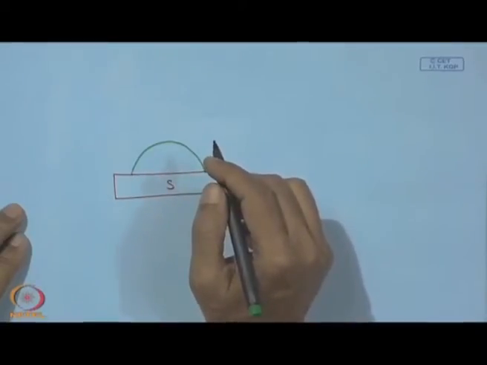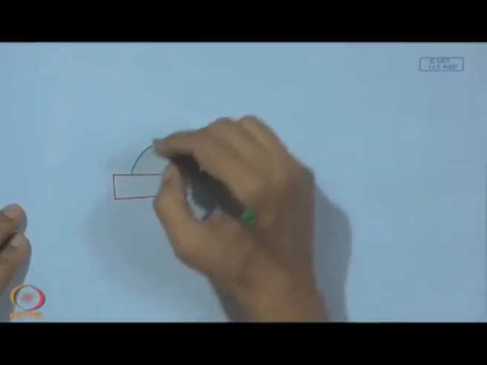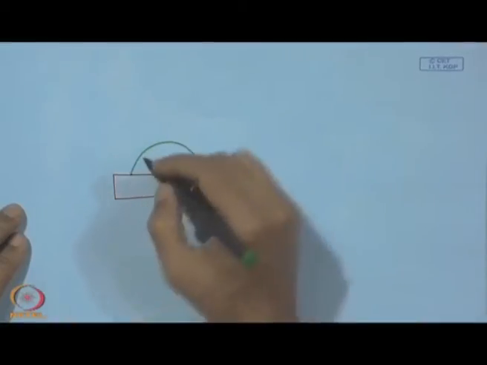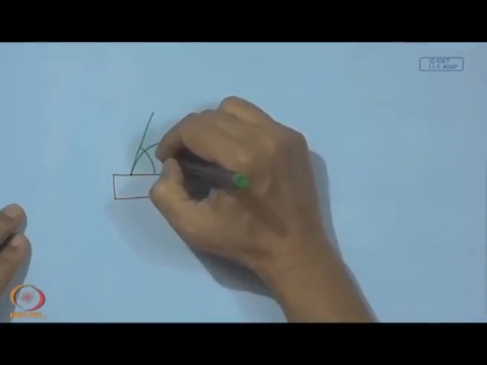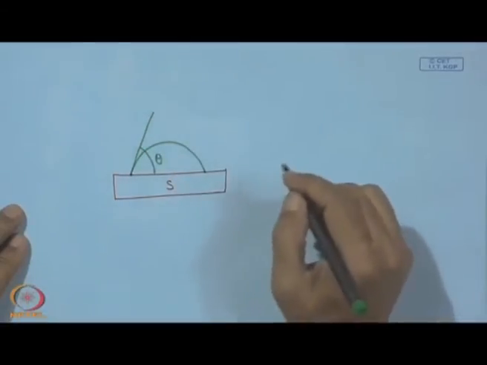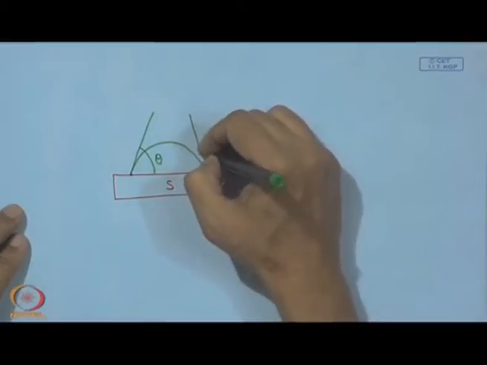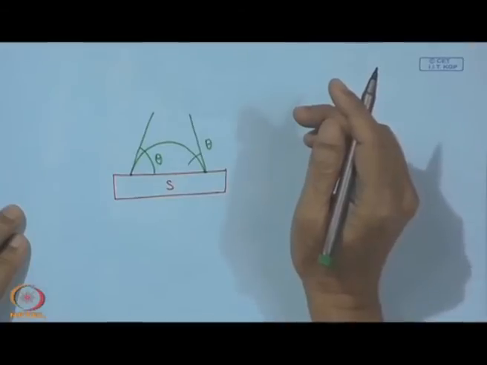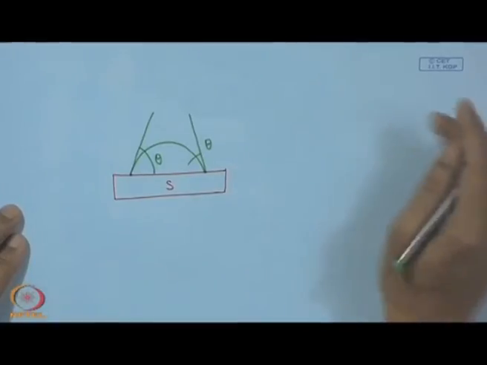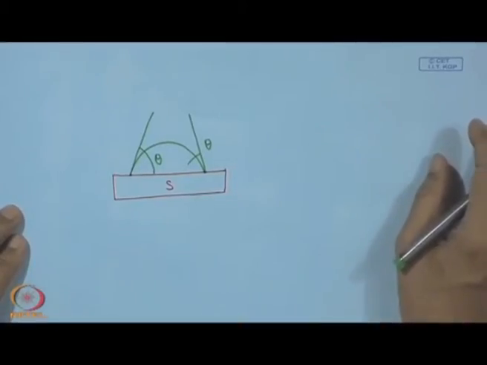Now, if we draw one tangent at this point, then this angle is theta, and that is called the contact angle. On this side also it is theta. Now, this contact angle is a measure of wetting.